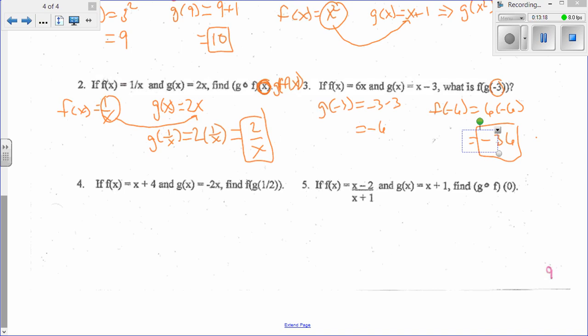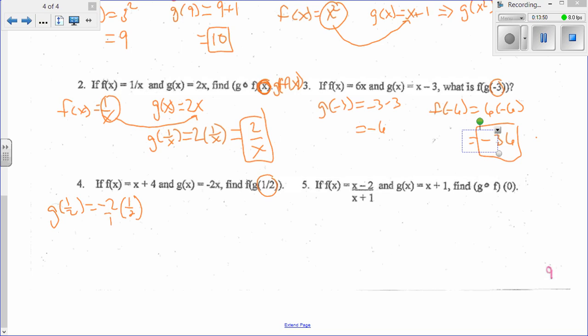For number 4, if f of x is equal to x plus 4 and g of x is equal to negative 2x, find f of g of 1/2. Good news is I have a number, therefore I will have a numerical answer. And g is on the inside, so I'm going to substitute 1/2 into g first. So g of 1/2 is equal to negative 2 times 1/2.